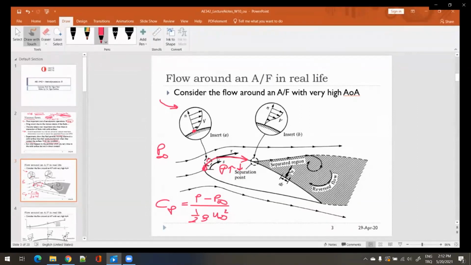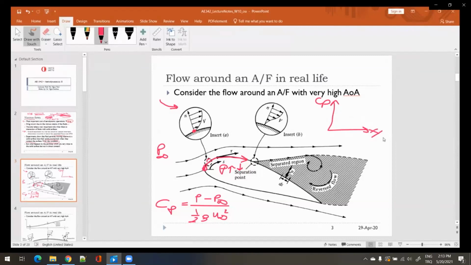Then the pressure will drop until the maximum suction location somewhere on the airfoil towards the leading edge, and then the pressure will start to increase again. If you remember, let me draw here a typical CP distribution. CP, and you know that we have a reversed axis.